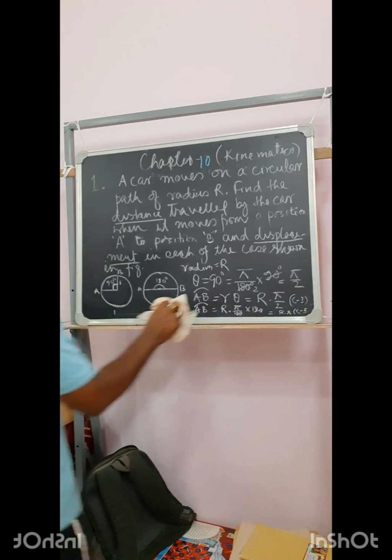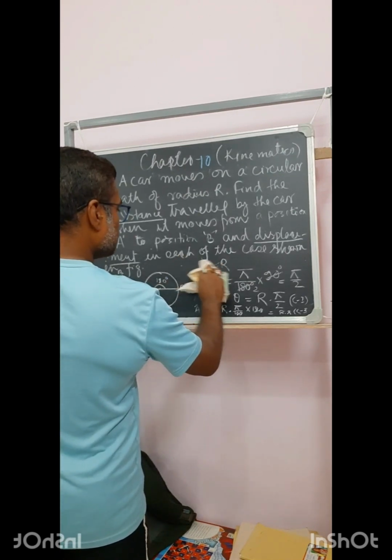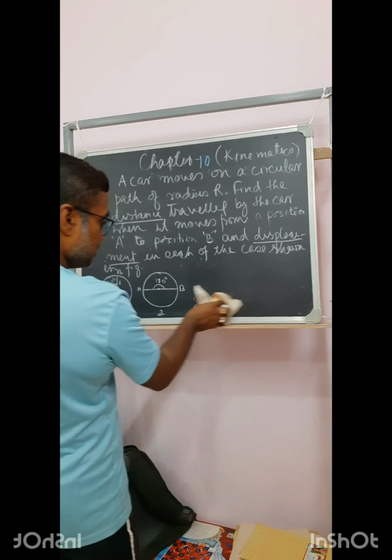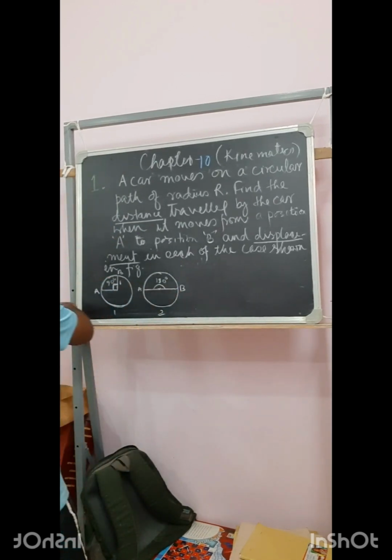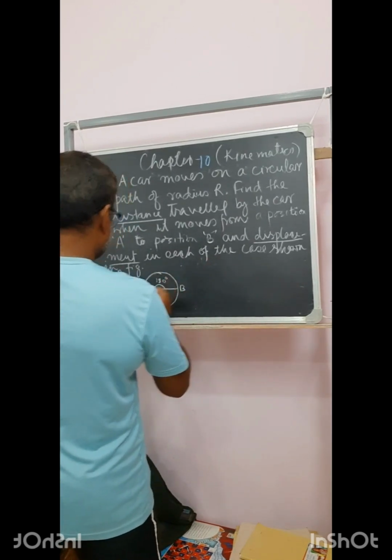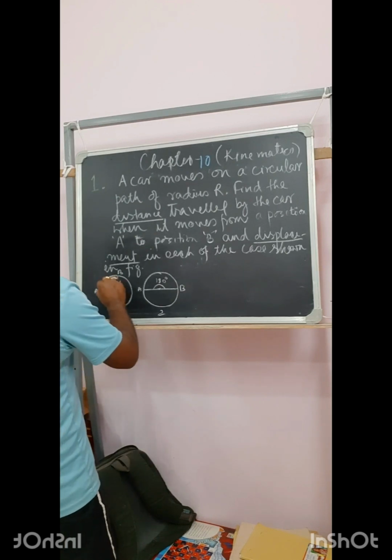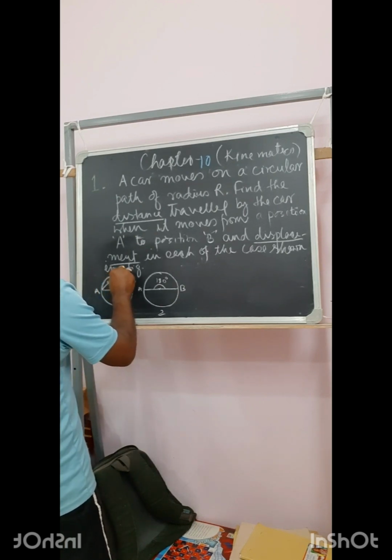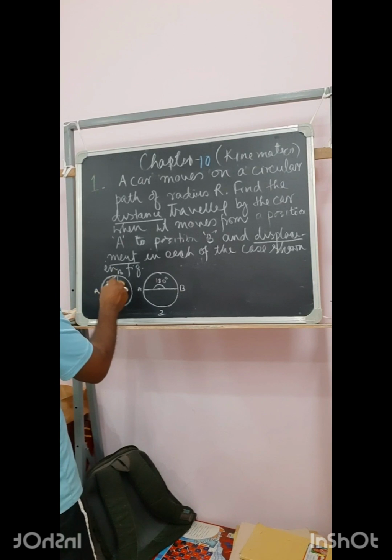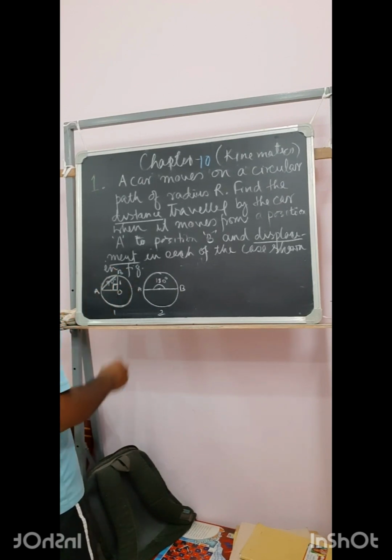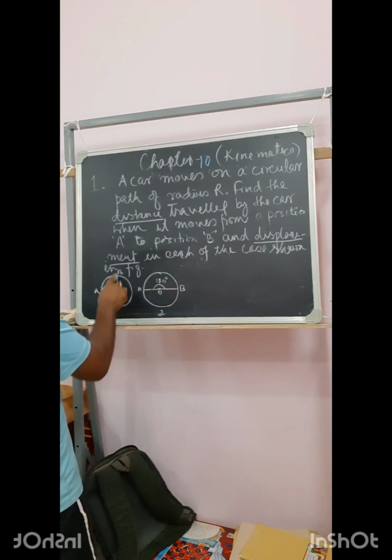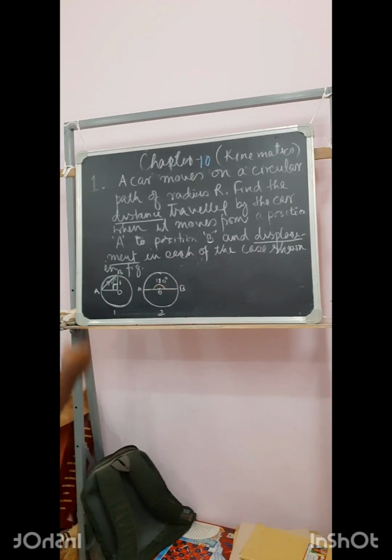Now the distance is calculated. Now displacement has to be calculated. So case 1, displacement. What is the displacement? When I add these two, this will form a right angle triangle. If it is O, then AOB is the right angle triangle, and the hypotenuse will be the displacement.